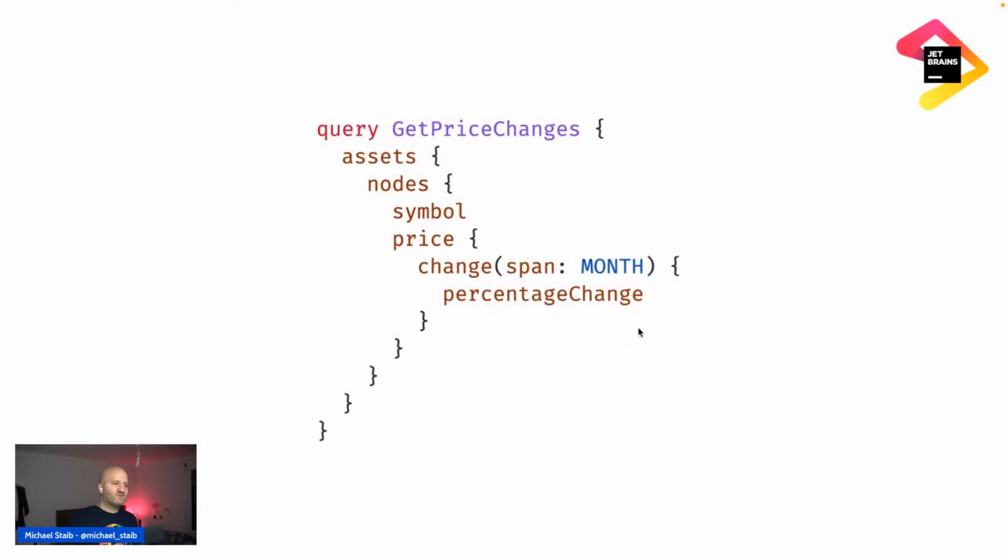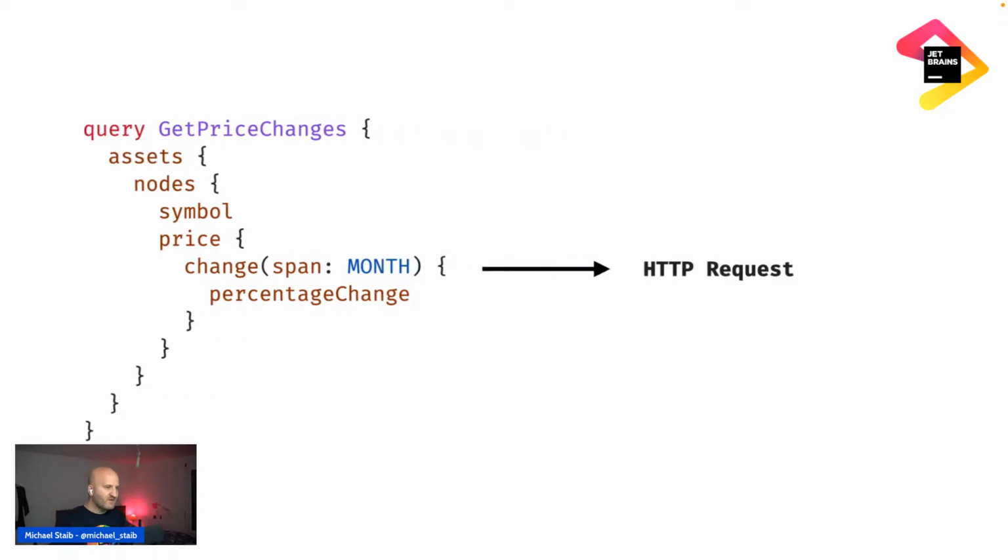So actually fetching from a REST API is expensive. And if you think about that, we have the assets here, and then we fetch the price. And then for each price, we fetch the price change, this percentage change, that could be a lot of calls to our REST API. So what Facebook came up with was the so-called preparables, or what they today call the DataLoader.